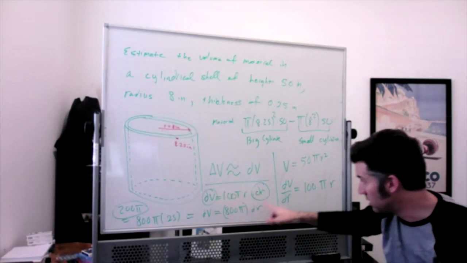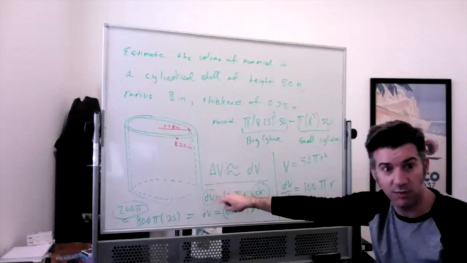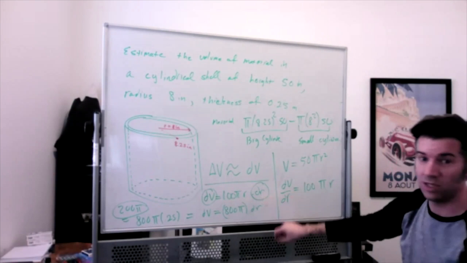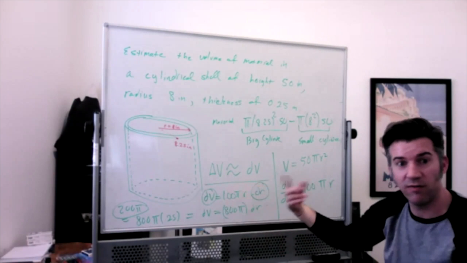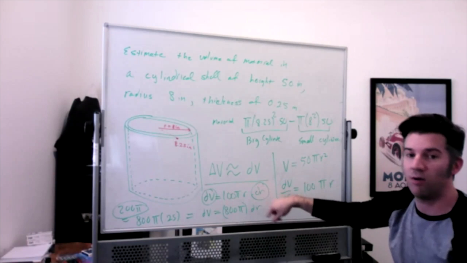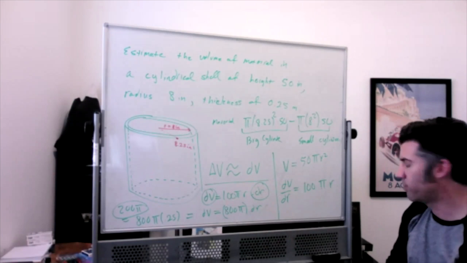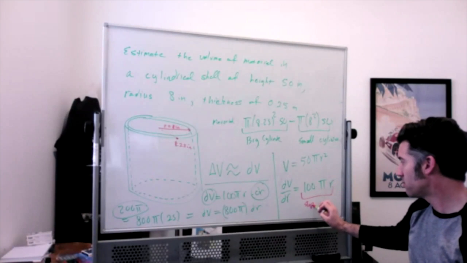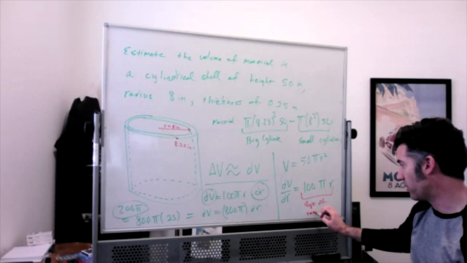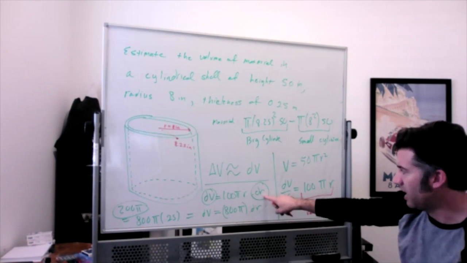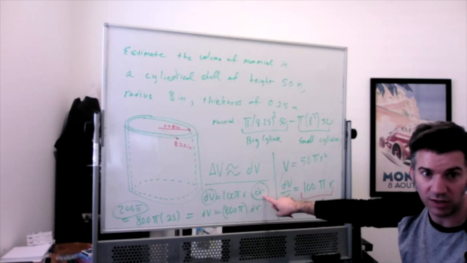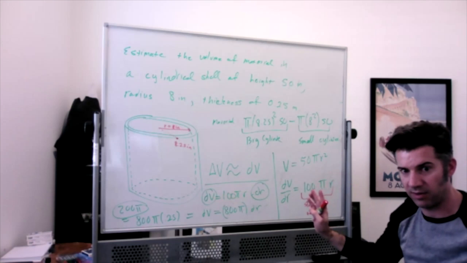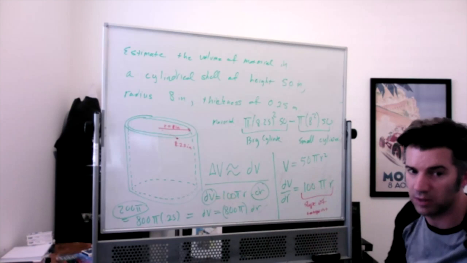We're multiplying the dr over and saying dV, the approximate change in volume, is 100 pi r times dr, where 100 pi r is how the volume changes as r changes, and then we're multiplying by how r is changing. Or if you prefer, the slope of the tangent line, or rate of change, times how much the input has changed, gives you how much the output has changed. All right, I think I've said enough about this. But if there are questions, now is the time you should ask them.